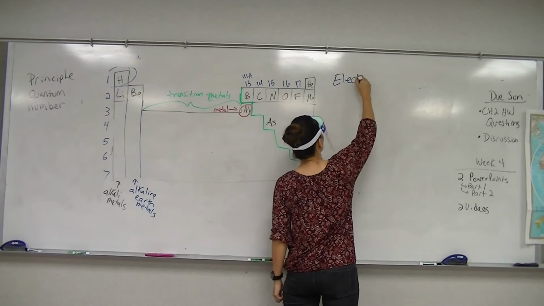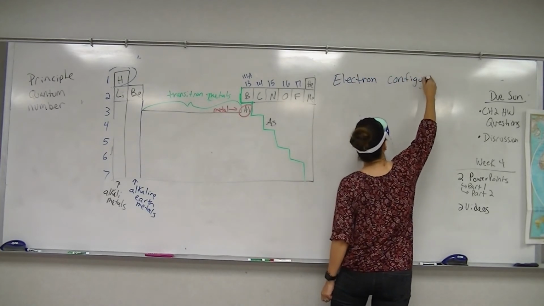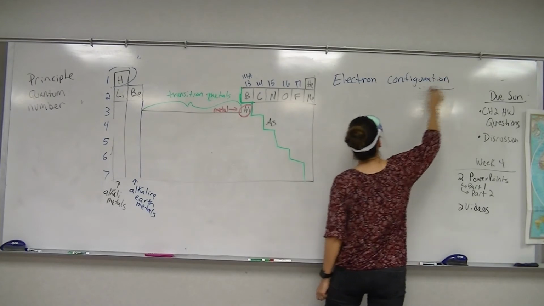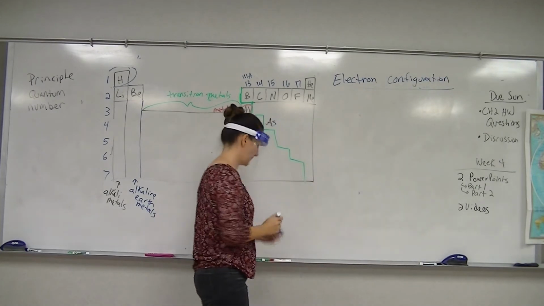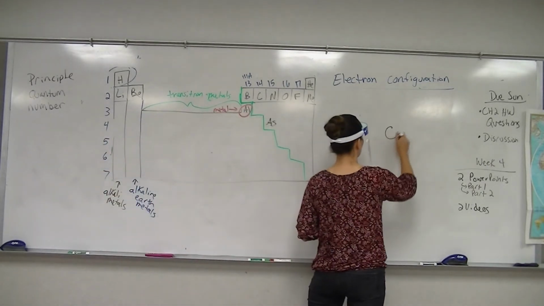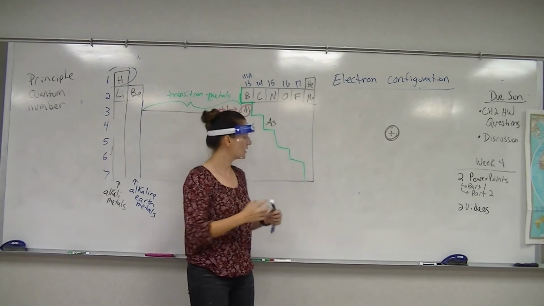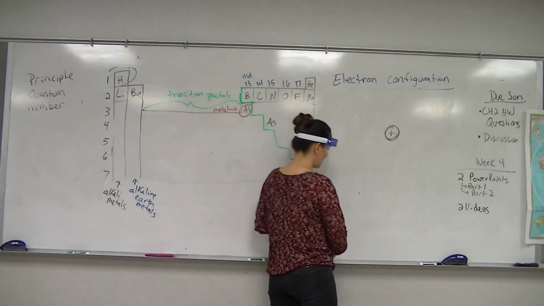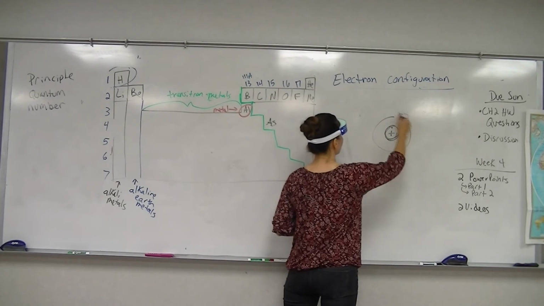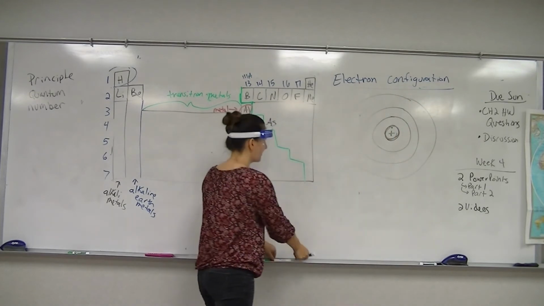And an electron configuration is describing where the electrons are. So remember in our picture of an atom, that simplified picture, we had the nucleus in the center, that positive center that had the protons and the neutrons in it, and then we had rings around the nucleus, and on those rings is where the electrons were.